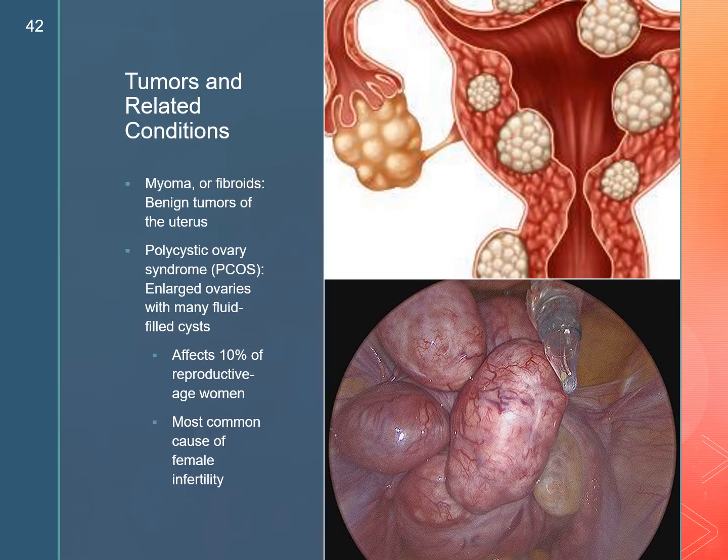A fibroid or a myoma is a benign tumor that can occur in that muscular layer of the uterus. And so in this top image, you can see these tumors that are in that myometrium, and these are referred to as fibroids. And then the bottom picture, this is what they really look like.